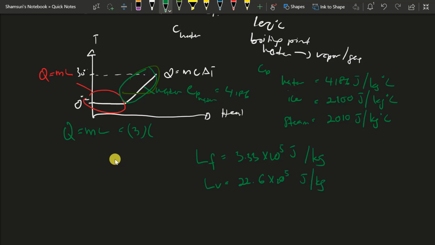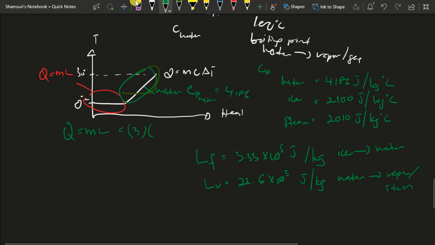This one is the conversion from water to vapor or steam. The fusion one is from ice to water. Based on this question, this L is the fusion L.